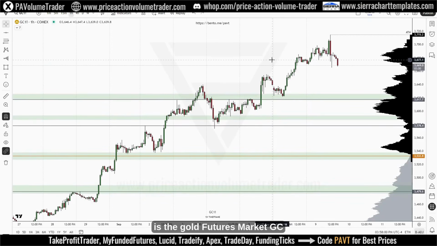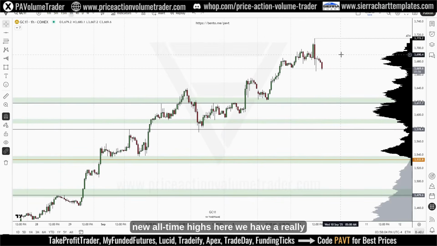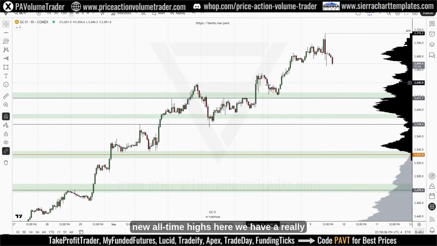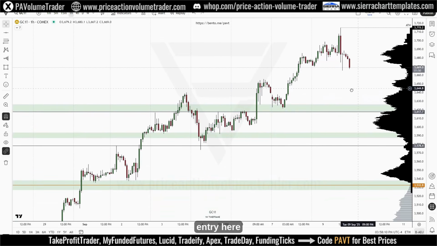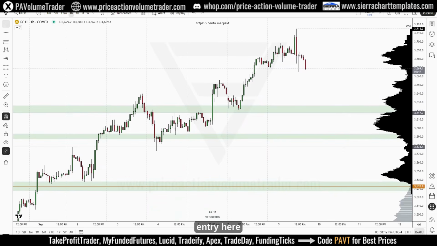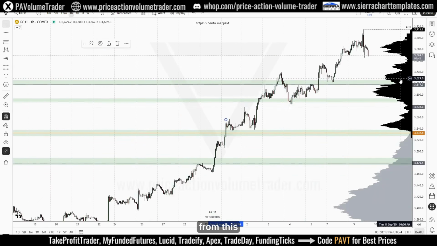This is the gold futures market, GC, which has been on a tear, making new all-time highs. Here we have a really nice example of a long possible entry. Here we have the volume profile in black that is pretty much coming from this breakout point right here all the way up to the present.